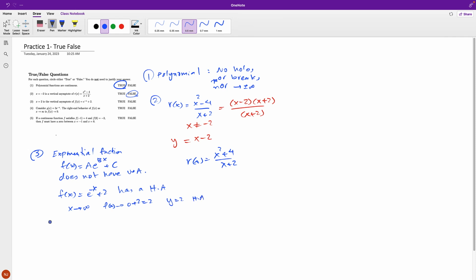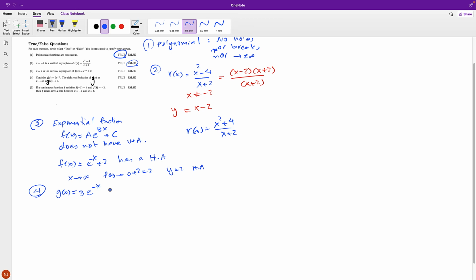Now, number 4. Consider g of x equal to 3e to the power negative x. The right-hand behavior of g of x as x goes to infinity is g of x going to 0. Right-hand behavior is as x goes to positive infinity, left-hand behavior as x goes to negative infinity.